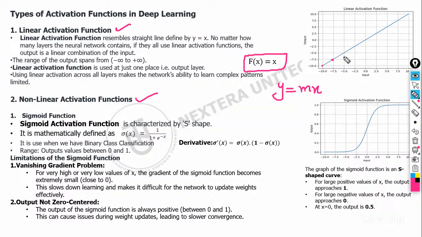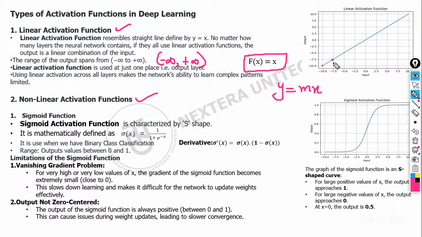This represents a linear activation function, which is different from the non-linear ones. The range of this linear function is minus infinity to plus infinity, so depending on the input that you pass, it will be given as output.